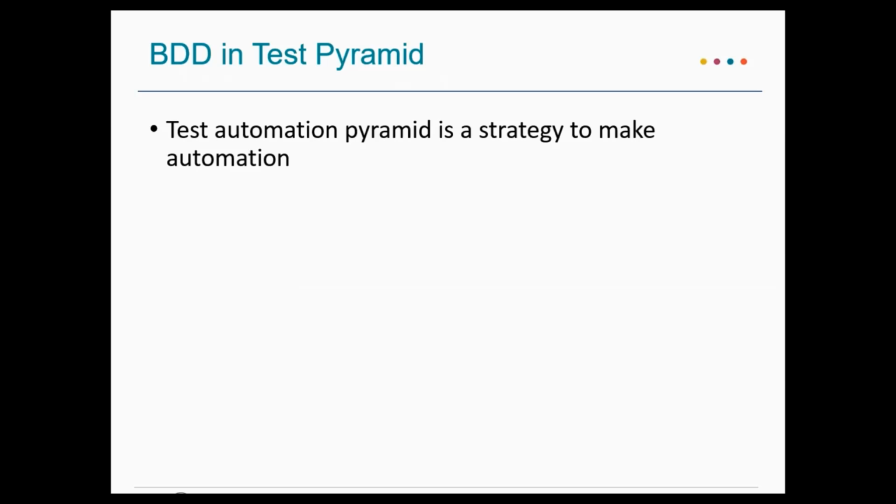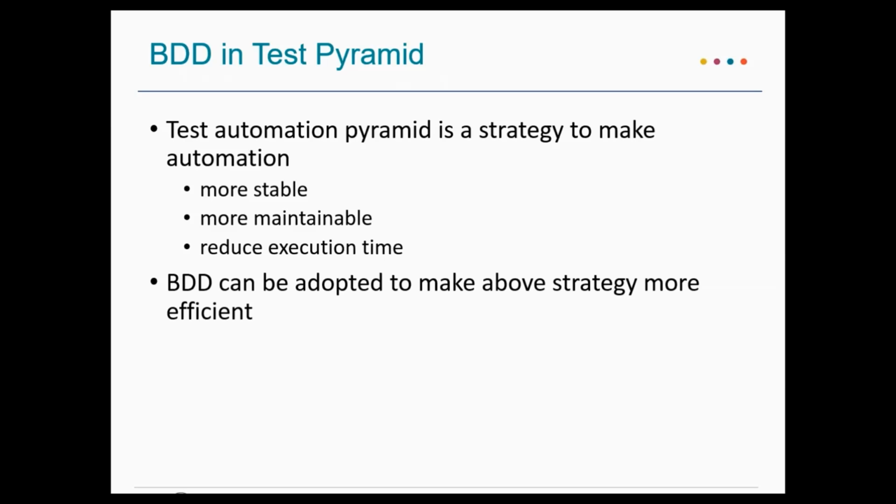So if we are going to use BDD and the test pyramid, the test automation pyramid is giving a strategy to make automation more stable, more maintainable, and reduce execution time. And BDD can be adopted to make the above strategy more efficient by identifying the scenarios.